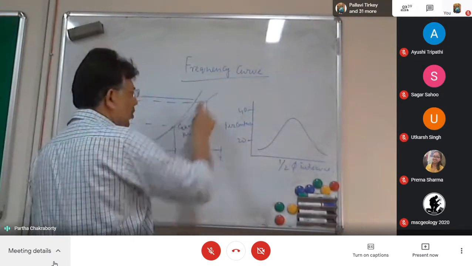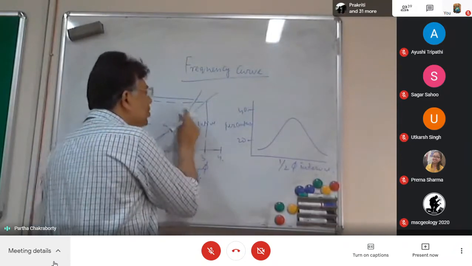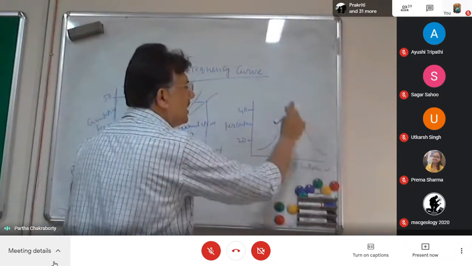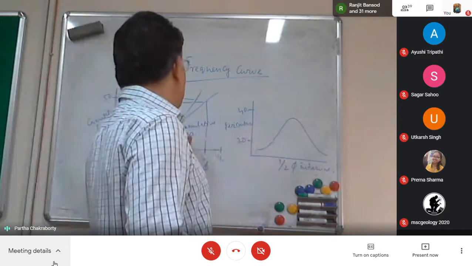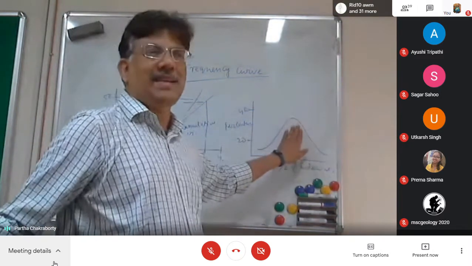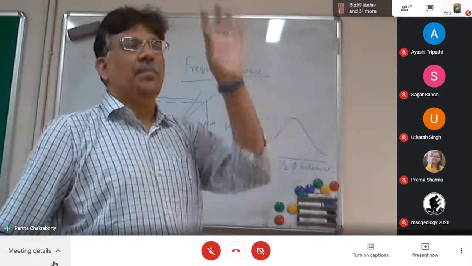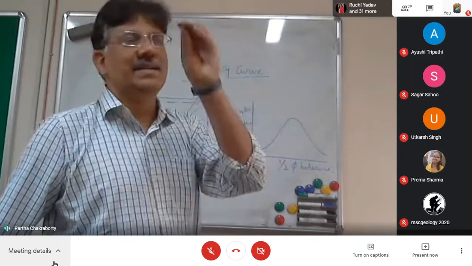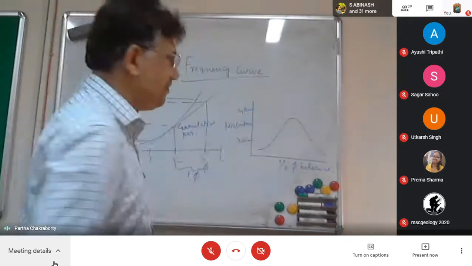You are measuring the slope of that curve in each half pi interval, and that is what you are plotting. The steepest slope that you get appears as the highest point here. That is the most commonly abundant size.